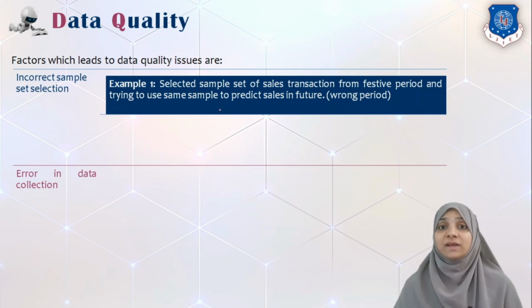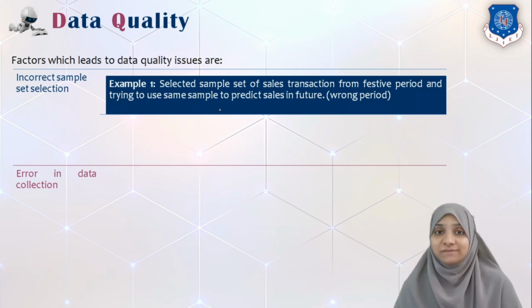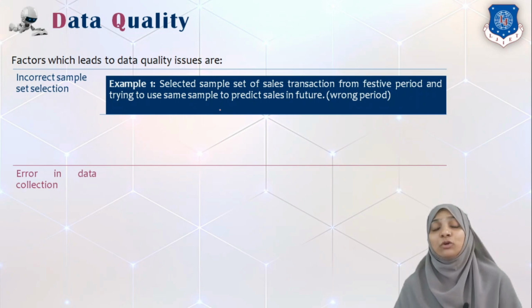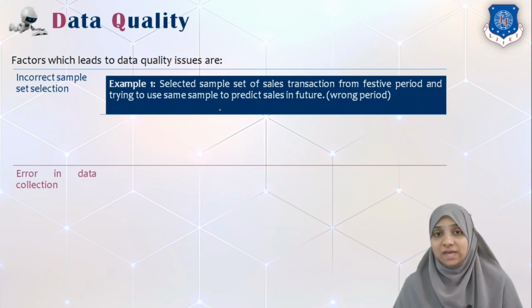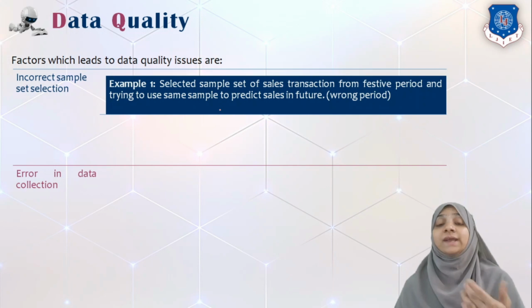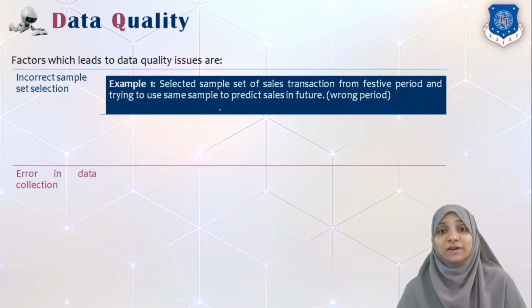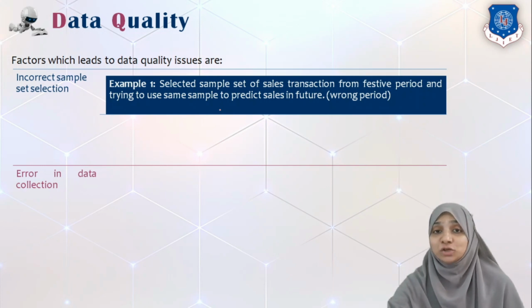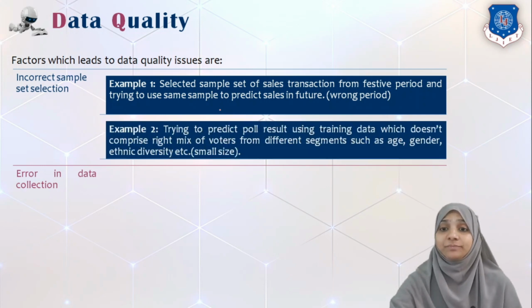And to make that model, you are selecting a data set of only the festival period, and you are trying to predict the sales of a year. So here you have selected an incorrect sample. Because of wrong sample selection, your data quality degrades because it does not fit the model suitably, and it might happen that your future prediction done by the machine learning algorithm might go wrong.